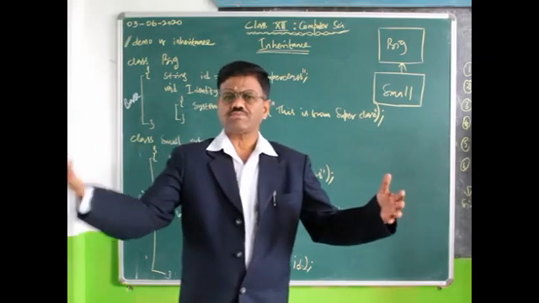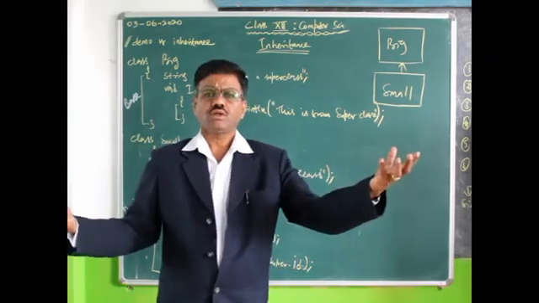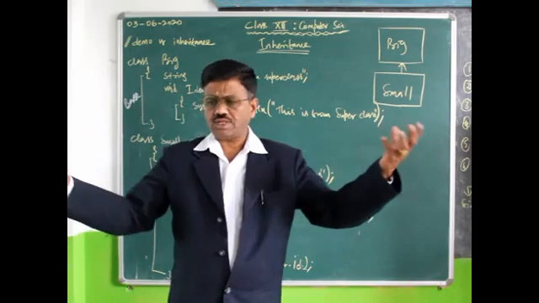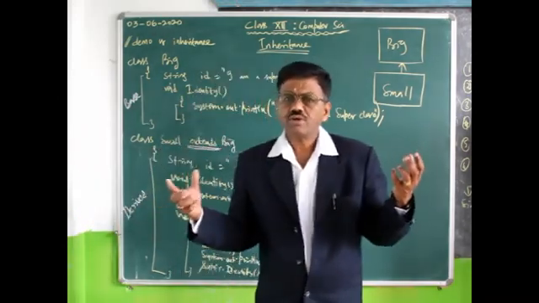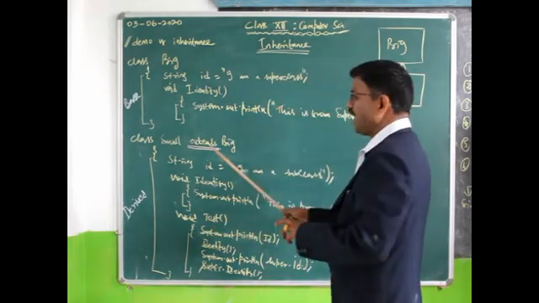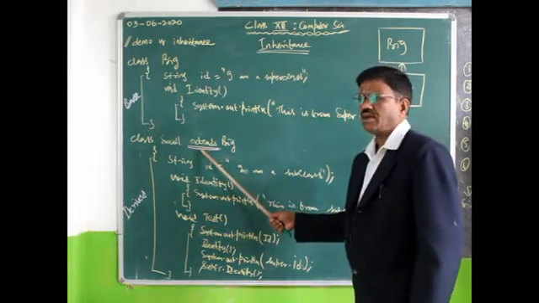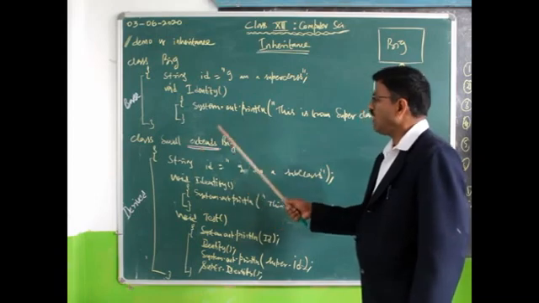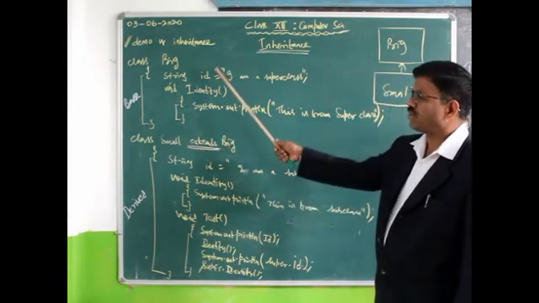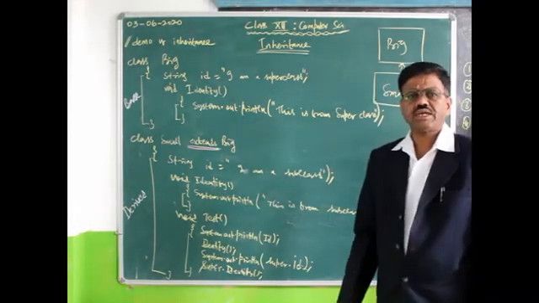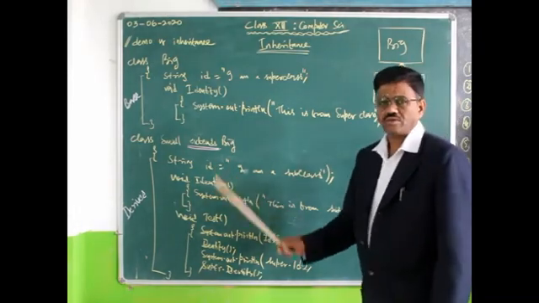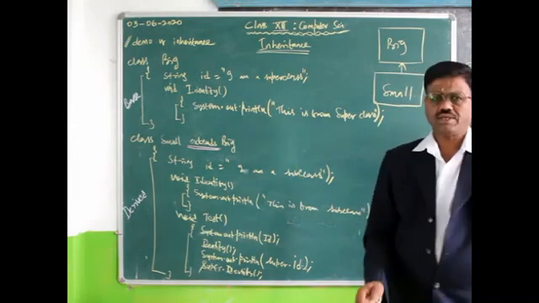This is class big, this is class small. There is a wide gap. Who bridges this gap? A keyword called extends. Whatever the data members and member functions are, they will be brought here. That is what big is.